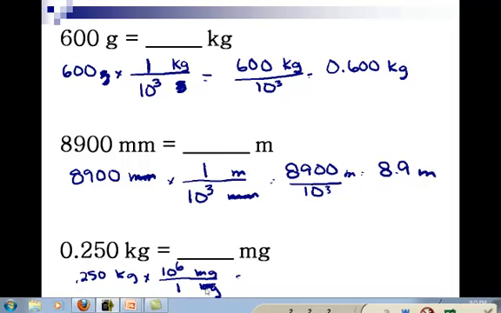So my kilograms cancel out, and I have 0.250 times 10 to the 6th. Can I leave it like this? Can I actually keep my 0.250? No. I have to make this between 1 and 10. So it becomes 2.5 times 10 to the 5th. I hope you got that, and we'll be working on these in class.